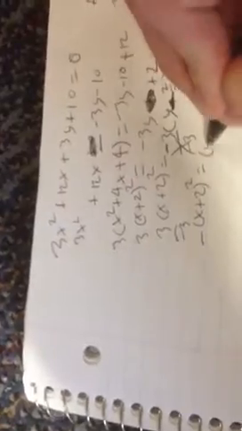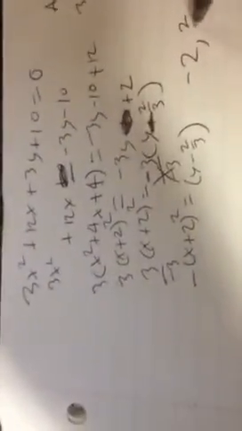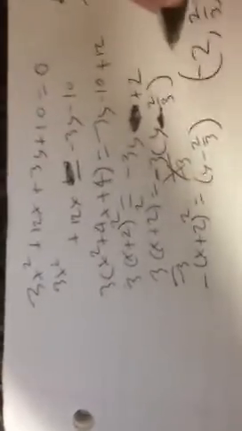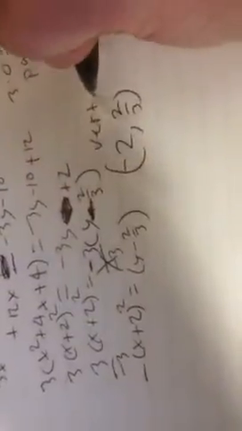Then you divide by negative 3, so you get negative (x plus 2) squared equals y minus 2 over 3. Okay, and that gives you the vertex right here as negative 2, 2 over 3. Vertex.